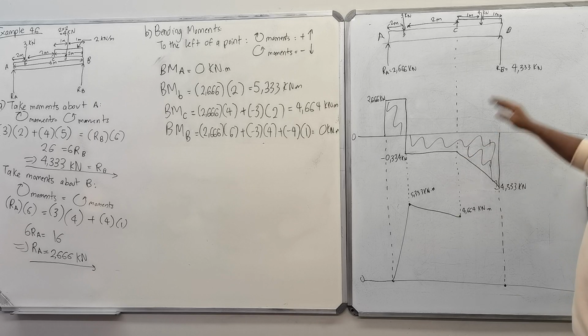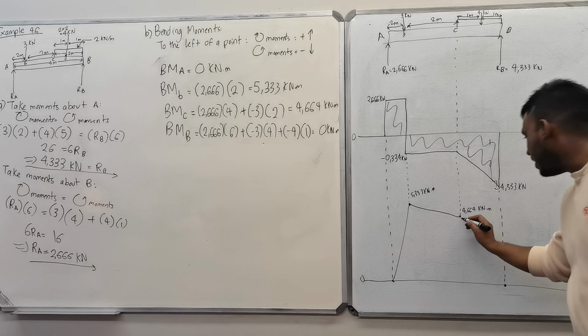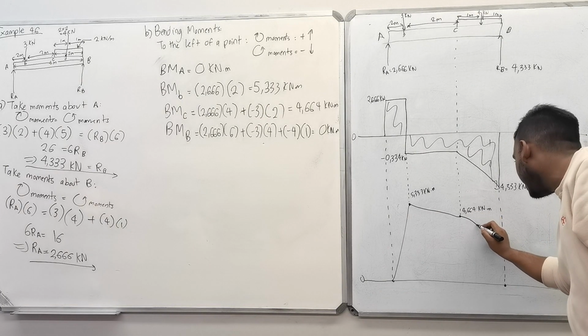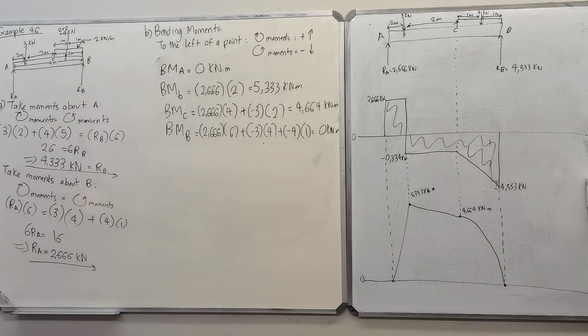For a uniformly distributed load, on a shearing force diagram, it would be a straight slope. But on your bending moment diagram, it will become a parabolic curve. So from here, when you're drawing it down, you draw it something like that. The curve.